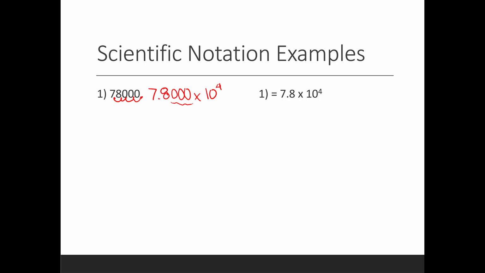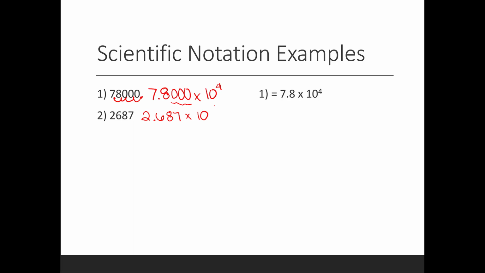Because the number is greater than 1, I knew I was going to have a positive exponent, and then I had to move my decimal 1, 2, 3, 4 times. So that's how I ended up with the exponent of positive 4. Let's do another one. So again, I can only put one number before the decimal place, so 2.687. The question is, what becomes of the exponent?